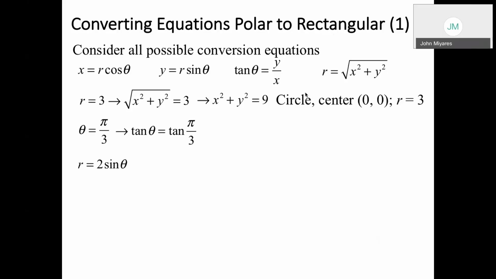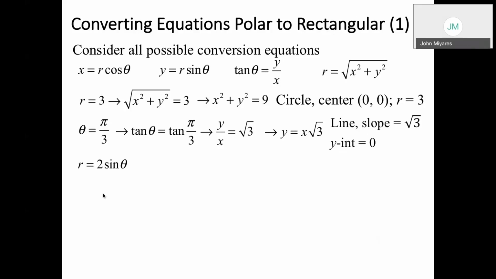Well, the tangent of pi over 3 is the square root of 3, and the tangent of theta from our identity is going to equal y over x. If I multiply both sides of this equation by x, we'll end up with y equals x times the square root of 3. This equation is going to represent a straight line with a slope of the square root of 3 and a y-intercept of 0.